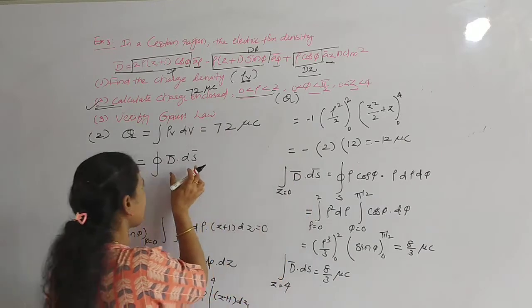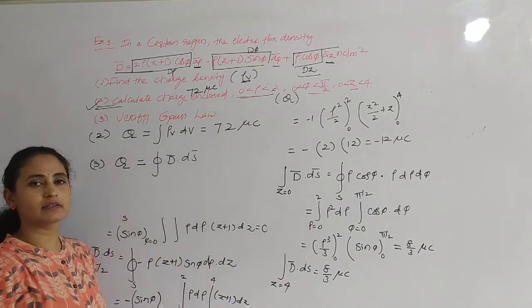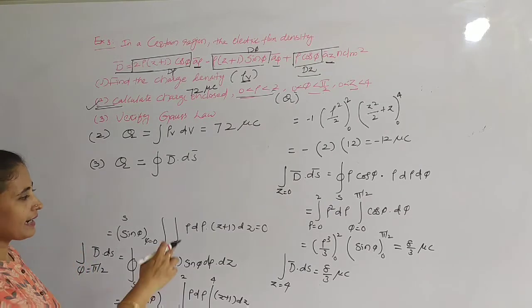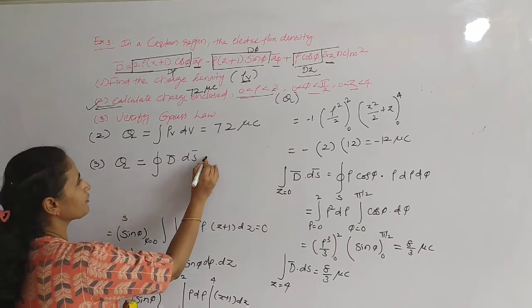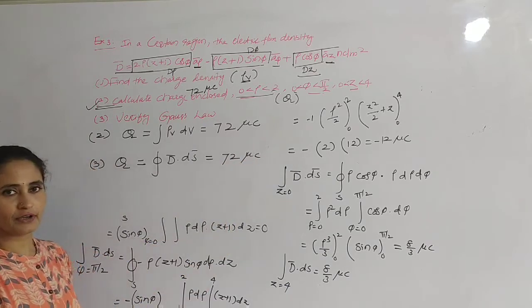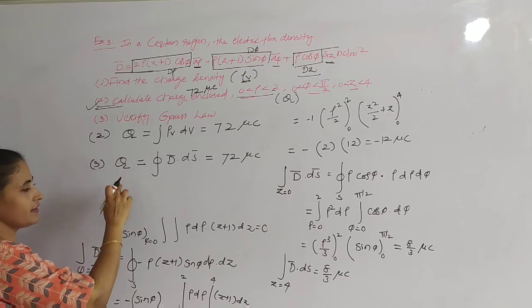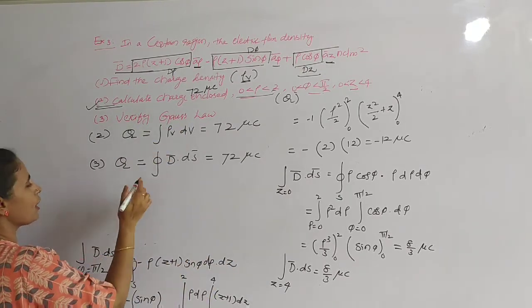So this integral over a closed surface we have resolved into 6 individual integral terms, and if we add all the 6 integral terms, we get 72 microcoulombs only. Whatever we have got in the second case and the third are the same. Hence, the Gauss law is verified.